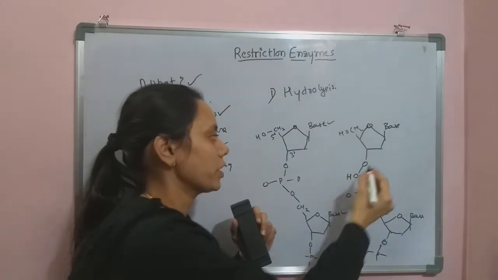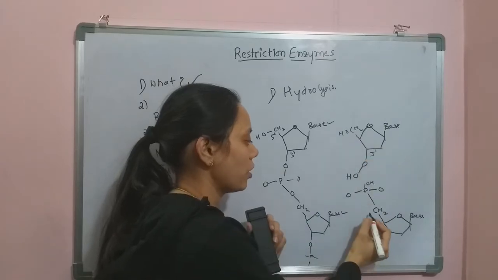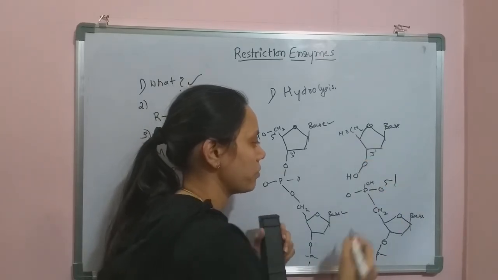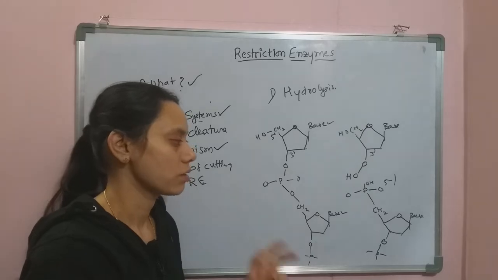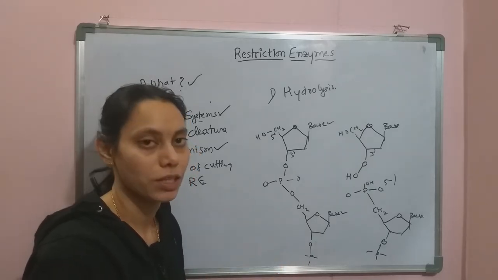So they will be separated as 3 prime and new 5 prime ends. So that is how the mechanism of restriction enzyme is.